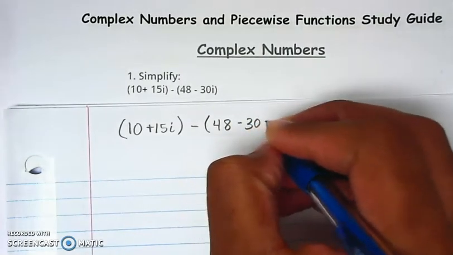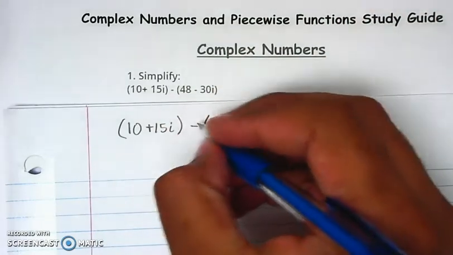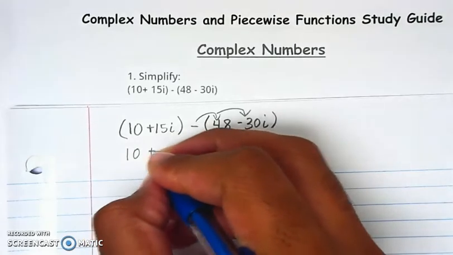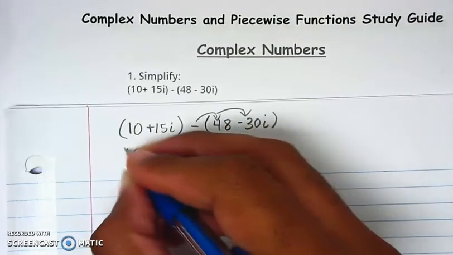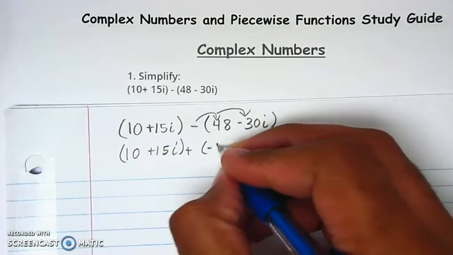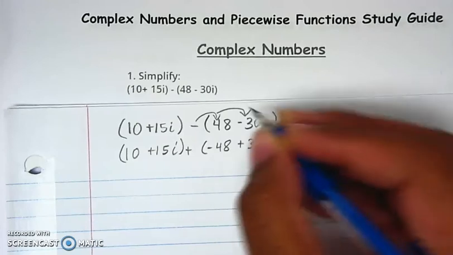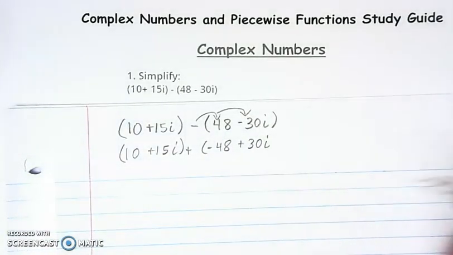It's always best to get to the addition sign because it makes it easier to work with. So we get 10 plus 15i plus, let's put that back inside, negative 48 plus 30i. Distribute the negative through: that becomes negative, that becomes positive.